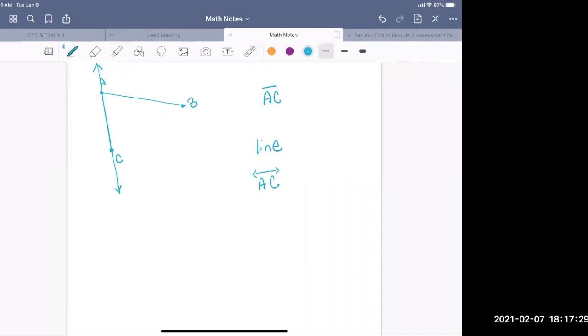Our line AC goes on forever and ever, and line segment AB ends at both endpoints. You could also write line AC like this: line CA.